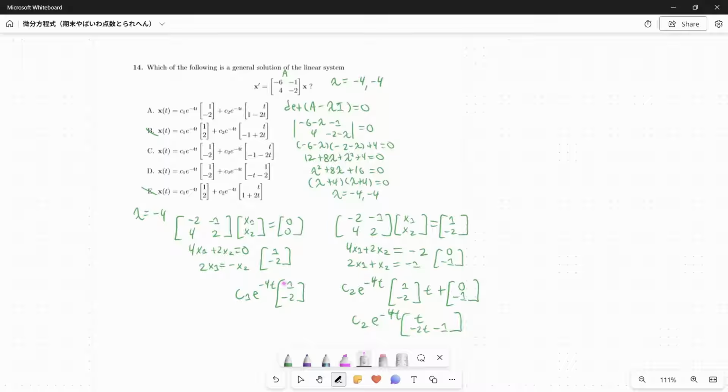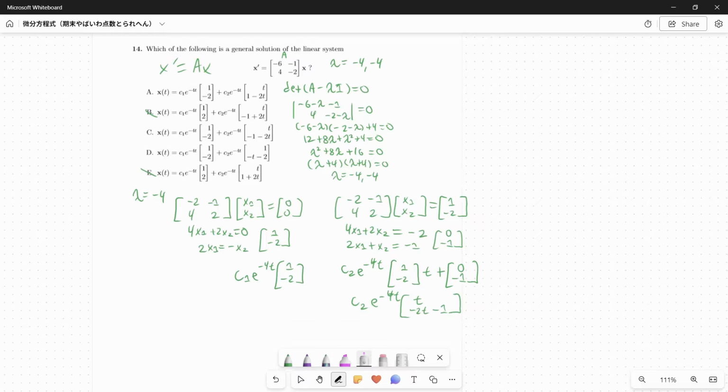The problem is that on its own, even though they're independent, it doesn't satisfy our initial constraint, that we have to satisfy the case of x prime equals Ax. That's why we need to add this t stuff. That's what allows us to ultimately satisfy this expression. So we need linear independence as well as satisfying this expression, and that's why you have to do all that t stuff as well.